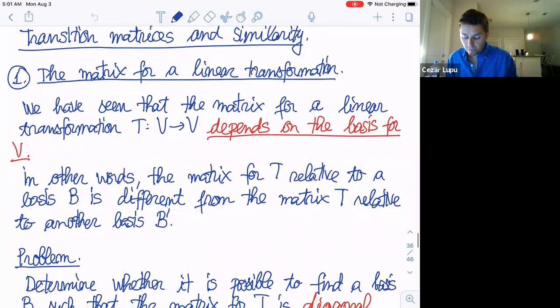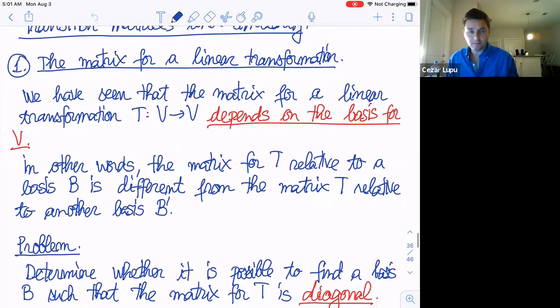And now we will ask the following problem. Determine whether it is possible to find a basis B such that the matrix for my linear transformation T is diagonal.